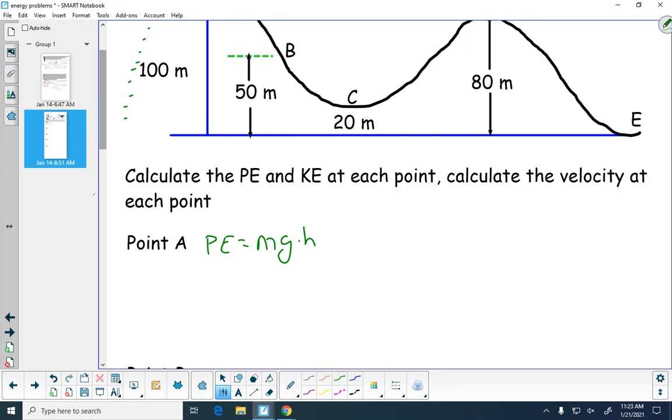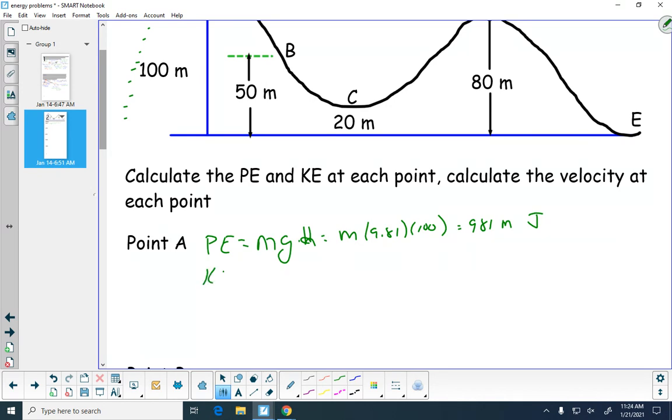MGH or MGD, doesn't matter. So we have mass times 9.81 times 100 meters. So we have 981 M joules. Don't know what M is, but we'll see. Doesn't really matter.